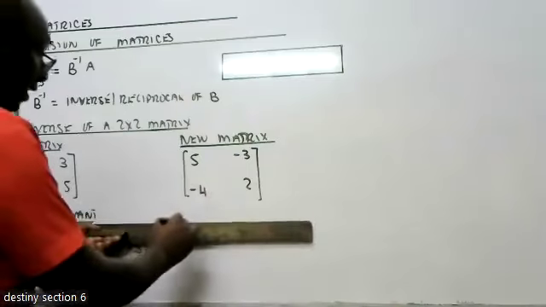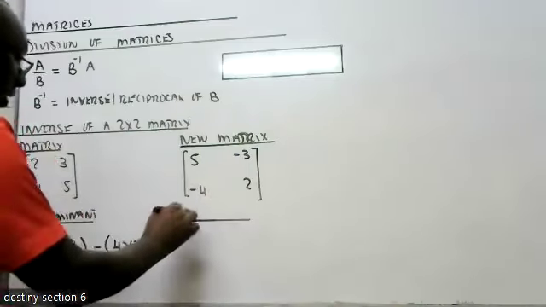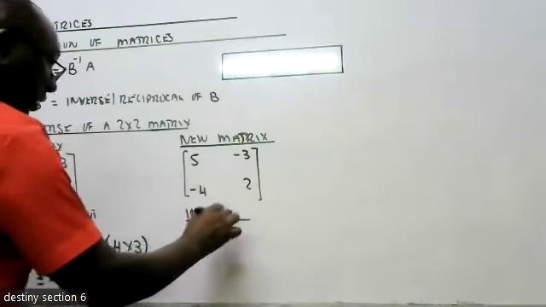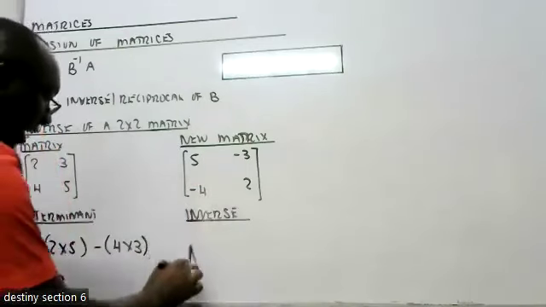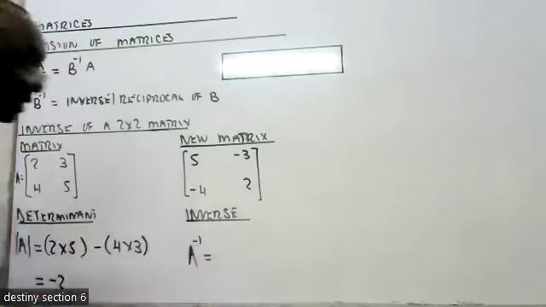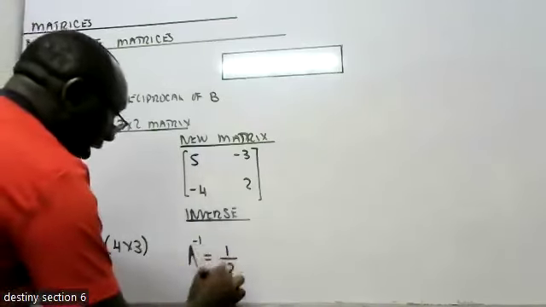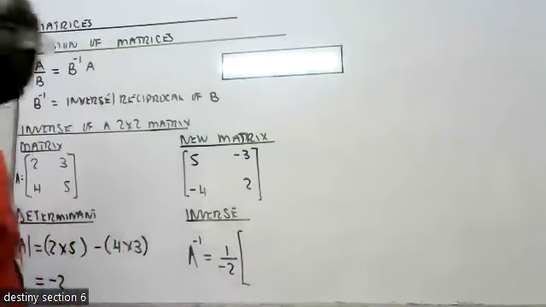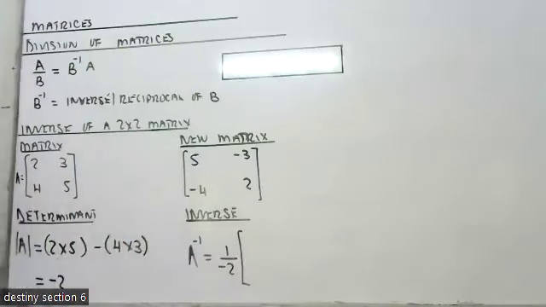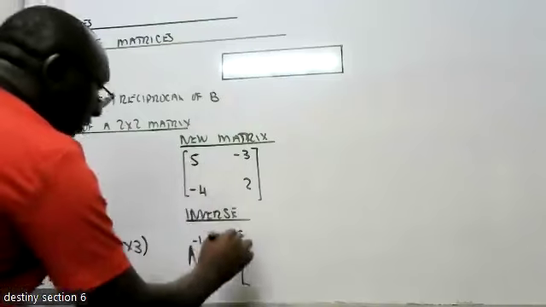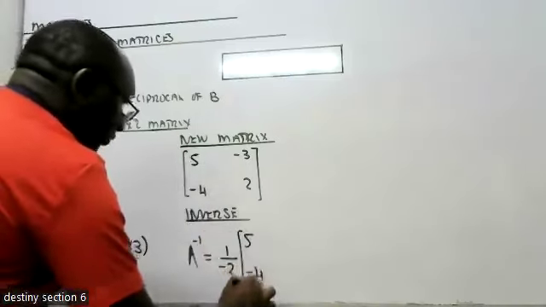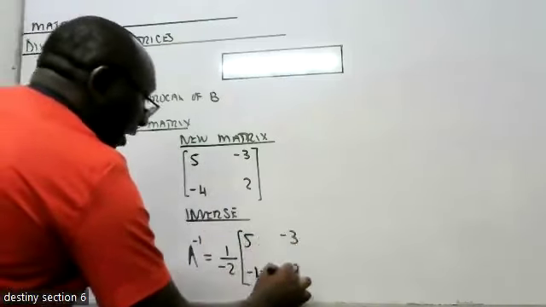And once you have done that, the inverse of A, as you can see in your notes, you get 1 out of the determinant, minus 2. You multiply the new matrix. The new matrix is 5, minus 4, minus 3 and 2.